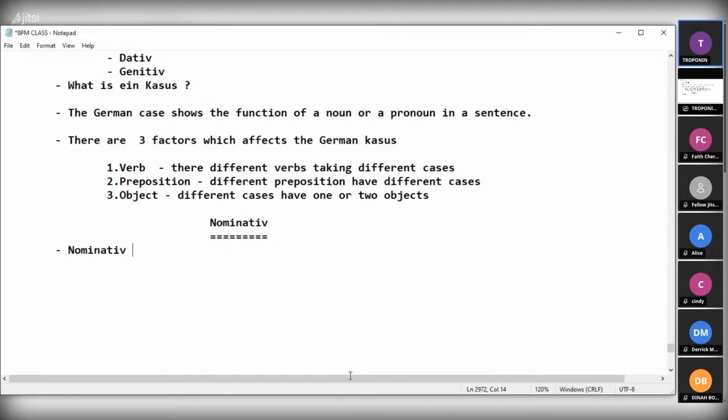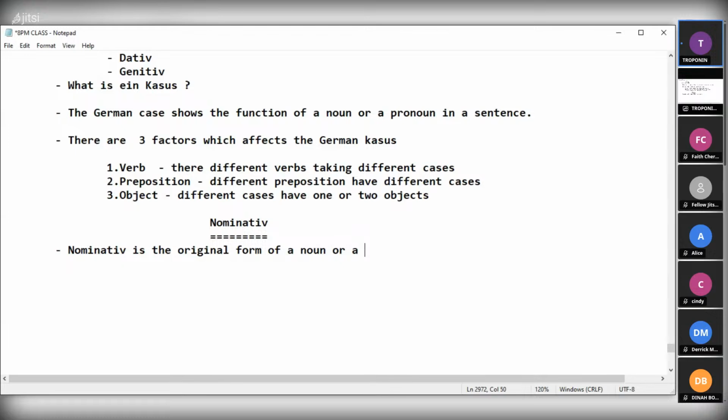Okay, so let's continue. Nominative is the original form of a noun or a pronoun.